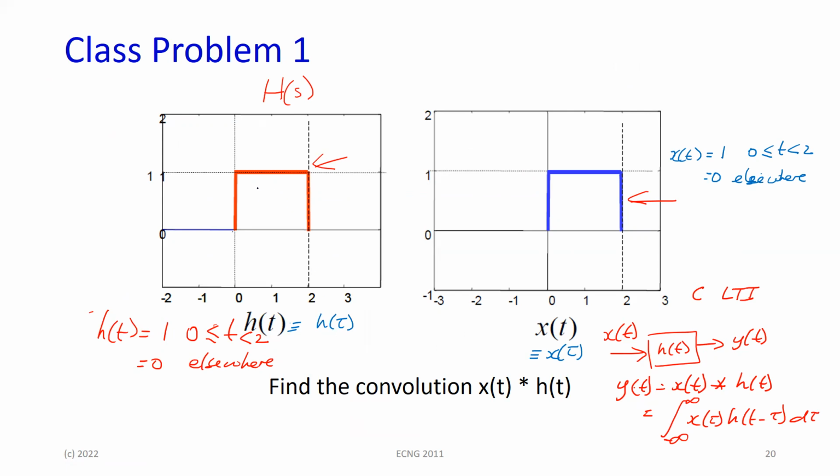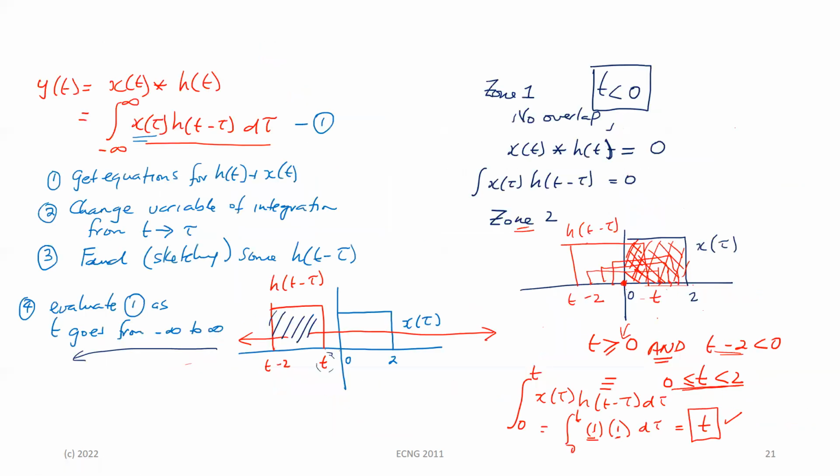So h(tau) is 1 between 0 and 2, and x(tau) is also 1 between 0 and 2. That was the first thing we do. Remember, I told you that the first thing you have to do is get these equations, and I could put it as h(tau) and x(tau).